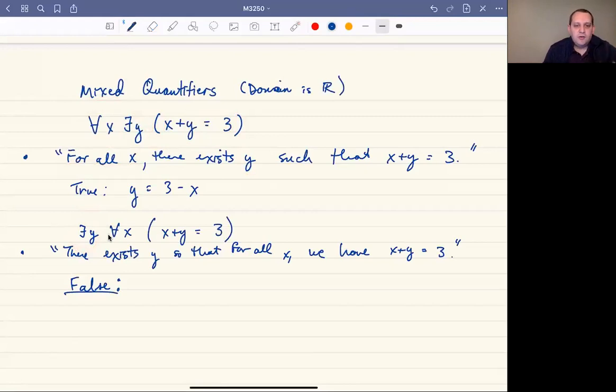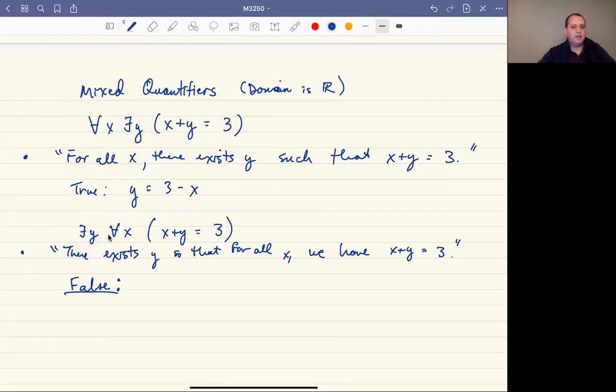If that value is, say, 2, so suppose the magic y value is 2, then that's not going to work because you could pick an x value that's not 1, say 0, and then 0 plus 2 is not equal to 3. So it can't be that the y value is 2.